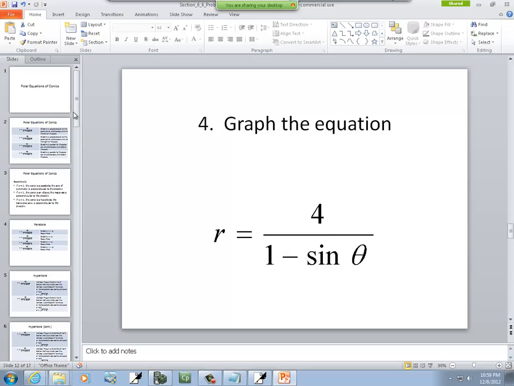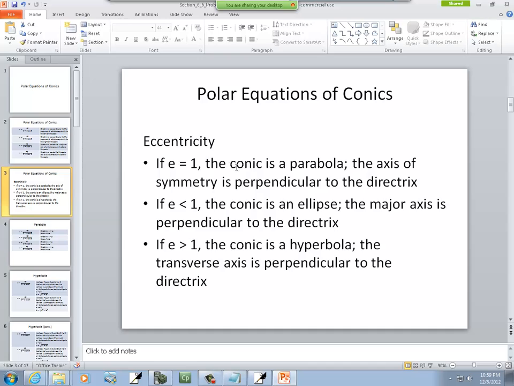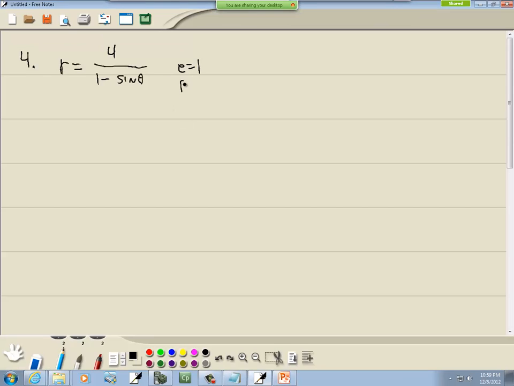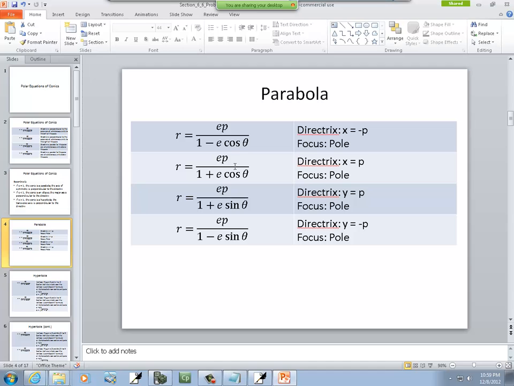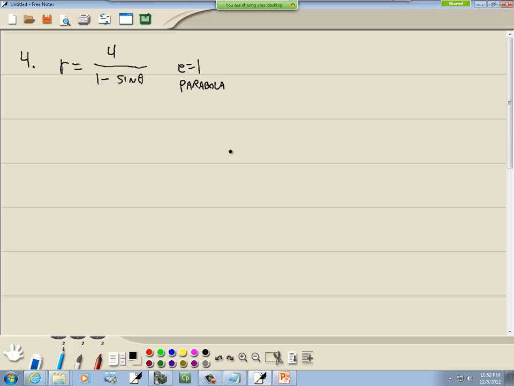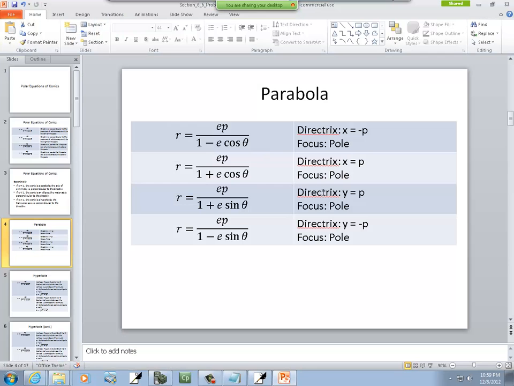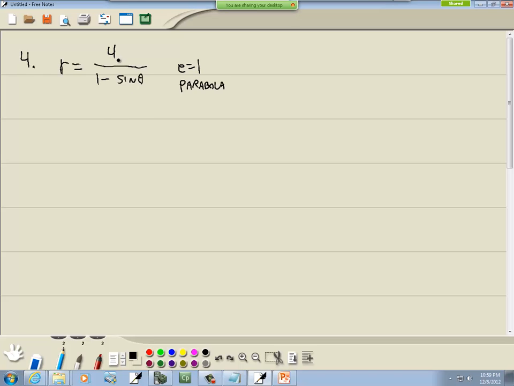Well, let's go see what in the world that means. e is equal to 1 means it's a parabola. So we're dealing with a parabola. Let's go down to our sheet for the parabola and see what we got. Looks like I need to figure out what p is. Well, e is 1. We got 1 minus 1 sine theta.